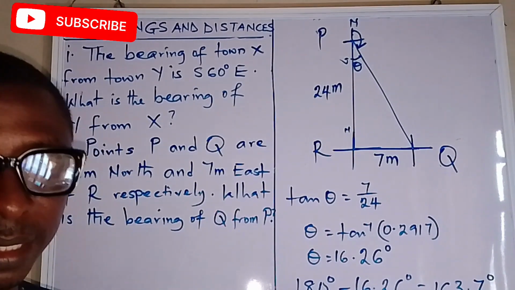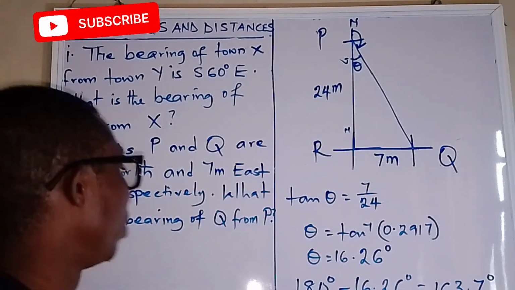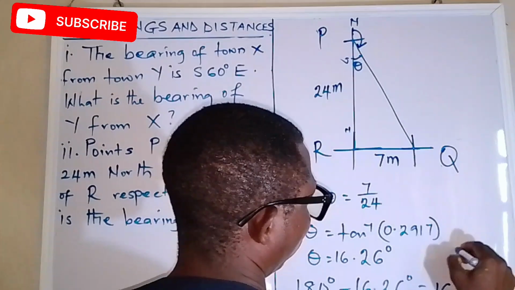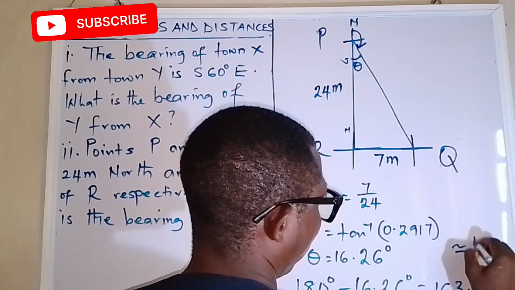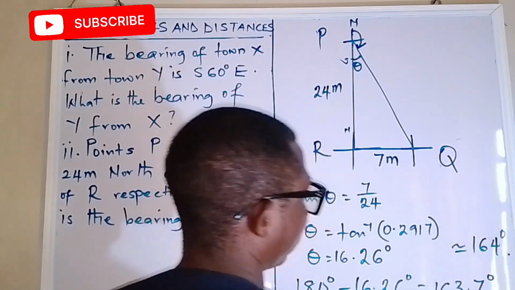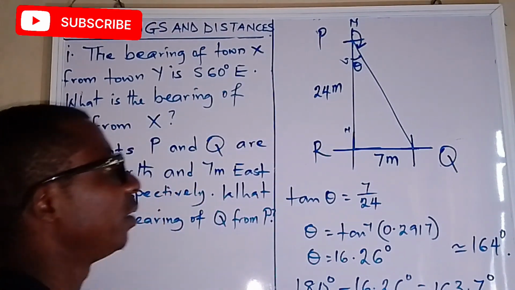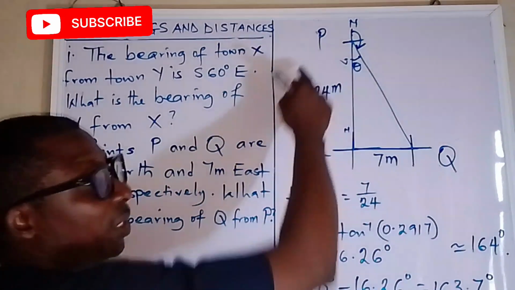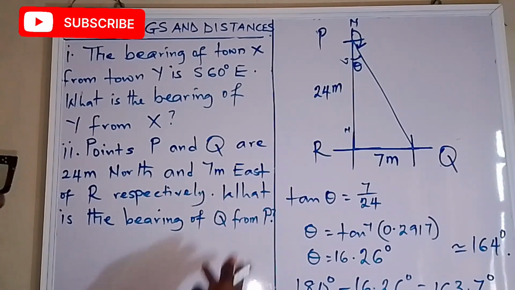You can correct that to the nearest whole number, and that is going to be 164 degrees. So that is the bearing of Q from P. All right, so that is the solution.